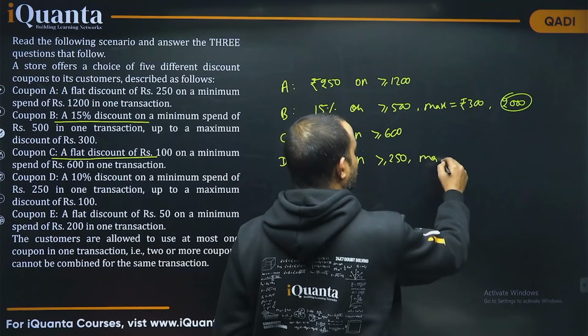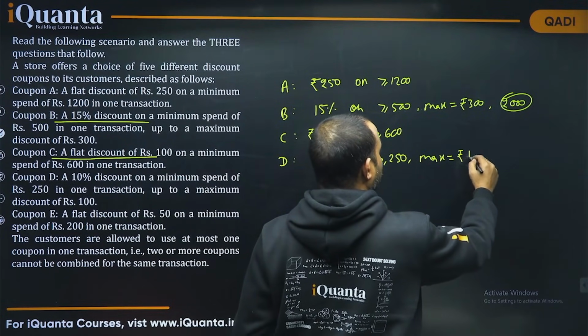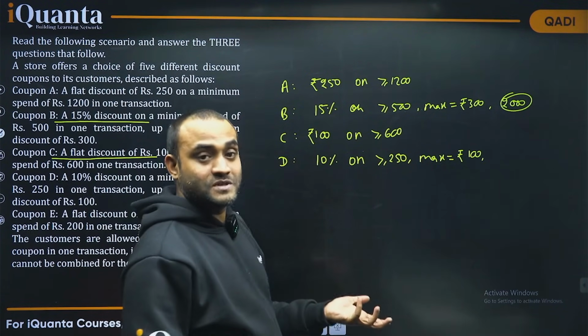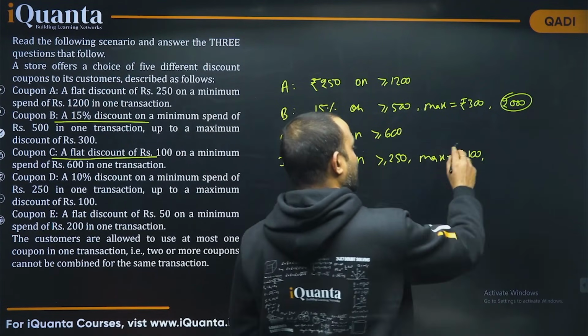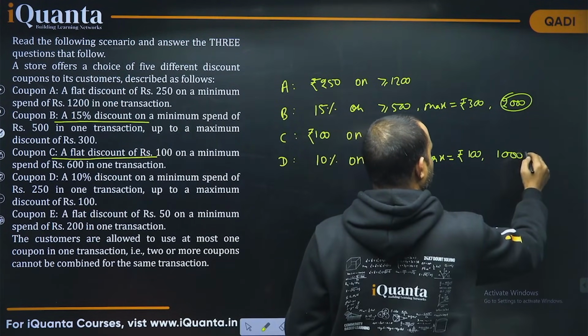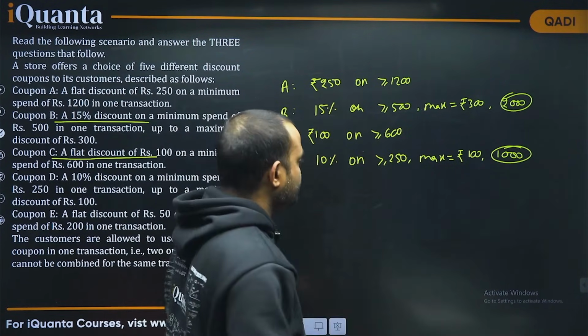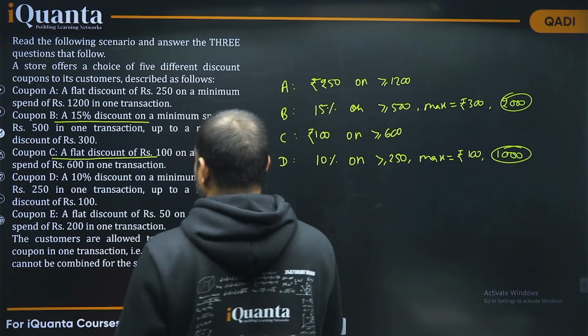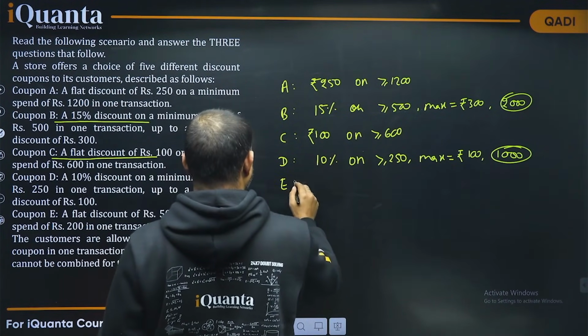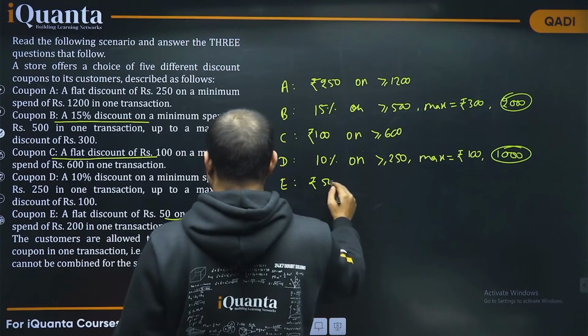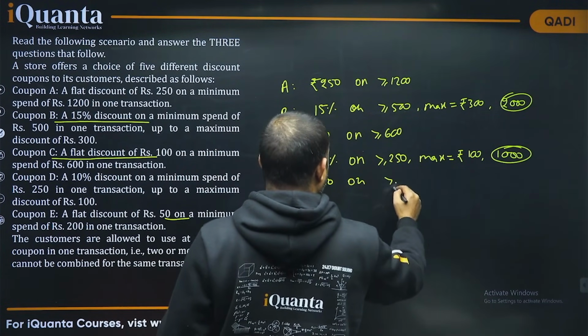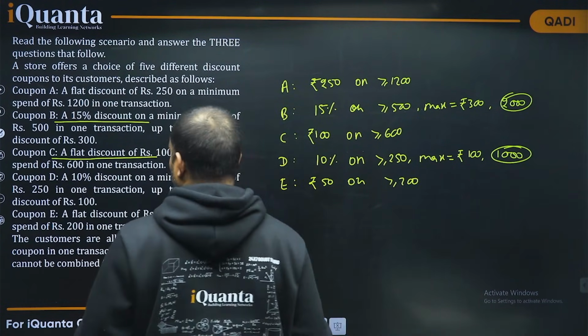Maximum discount that you can get is 100 rupees and that should be 10% of something. So the least amount to get maximum discount will be 1000. 10% of 1000 is 100. Then comes E, a flat discount of 50 rupees on minimum spend of 200 rupees in one transaction.